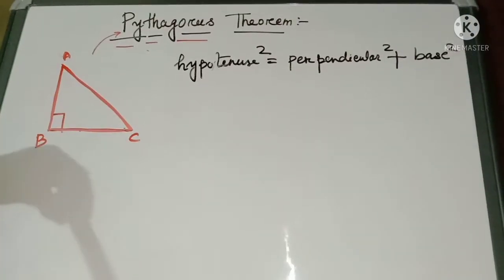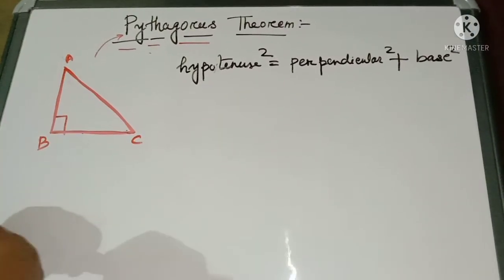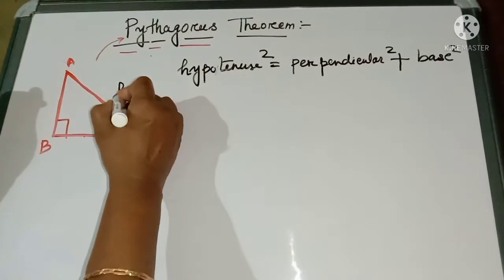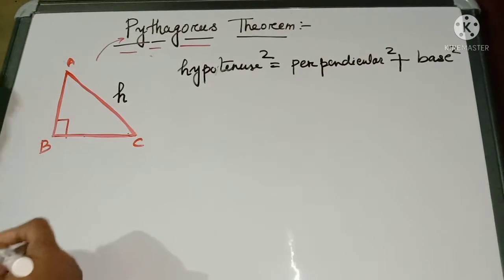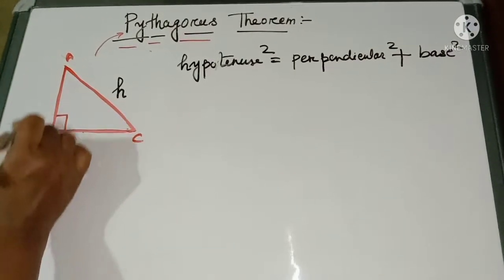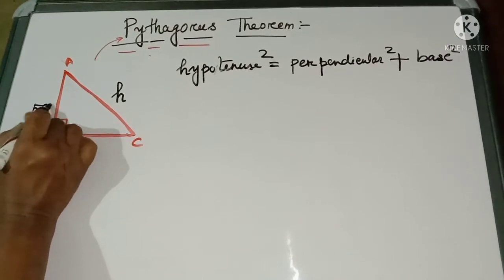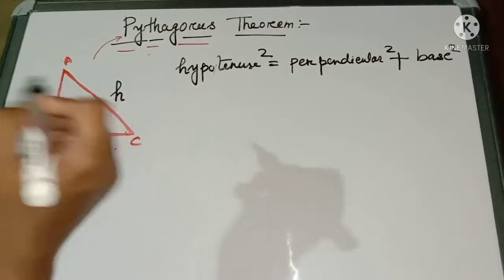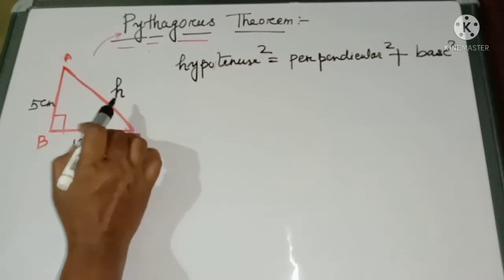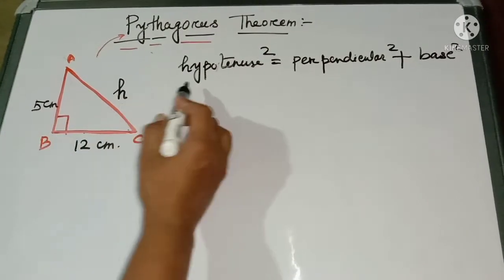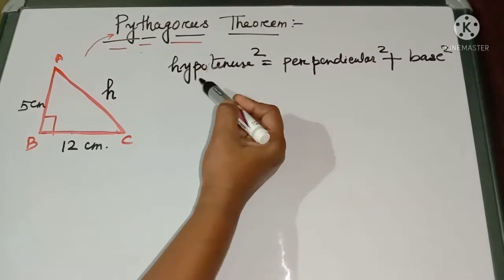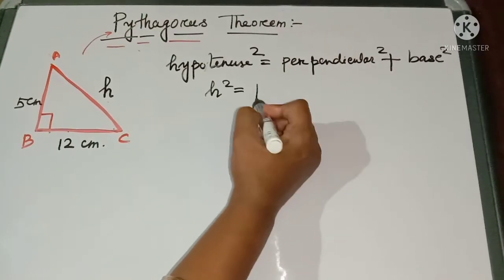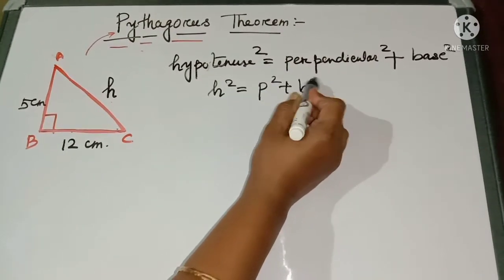So let us discuss one question. How do you calculate the hypotenuse of a right triangle? The question is given here: AB is given as 5 centimeters and BC is given as 12 centimeters. Now, the question is to find the hypotenuse. You know that according to Pythagoras theorem, hypotenuse square equal to perpendicular square plus base square.